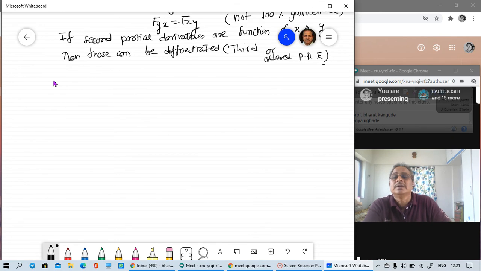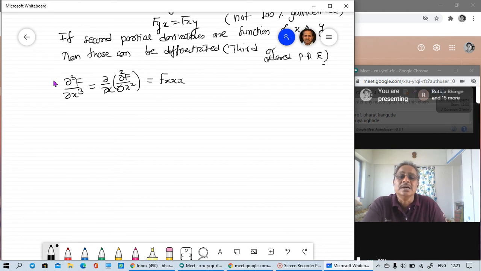I take ∂/∂x, that can be written as ∂³f upon ∂x³, is equal to ∂/∂x of, our earlier one, ∂²f upon ∂x², the second order partial derivative. It is to be differentiated with respect to x again, and that is given in shortcut as fxx.